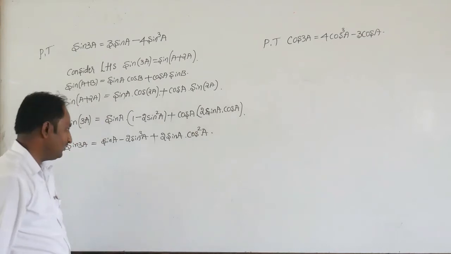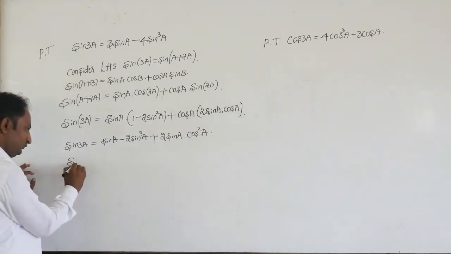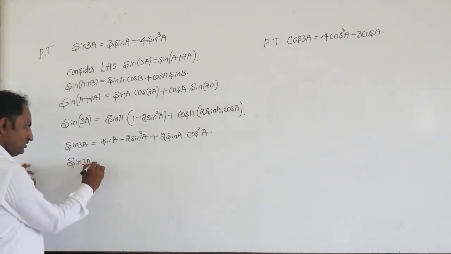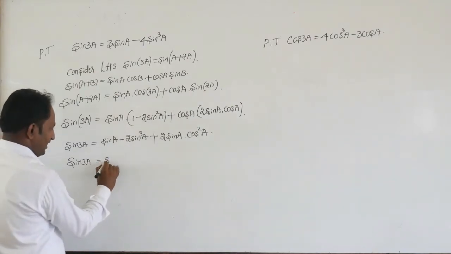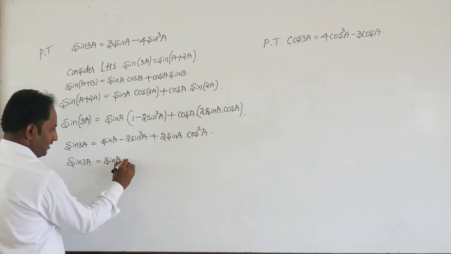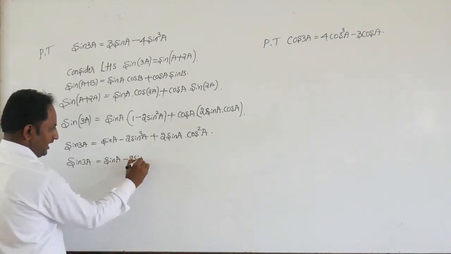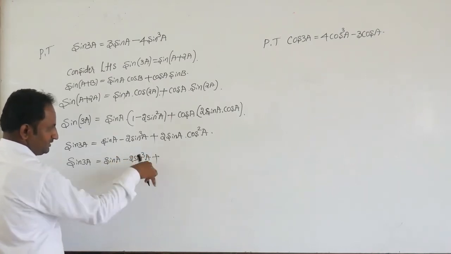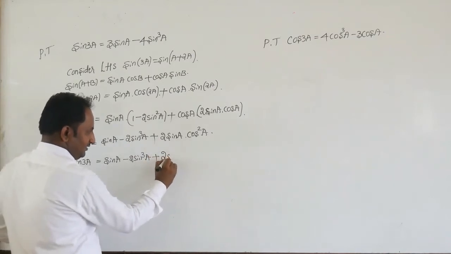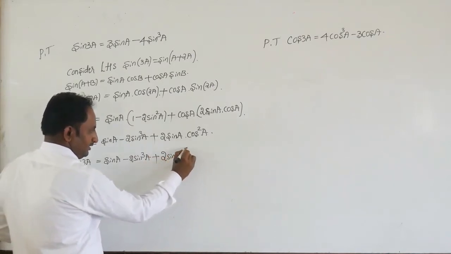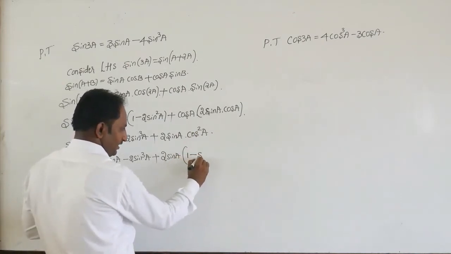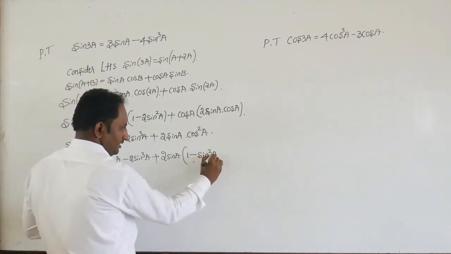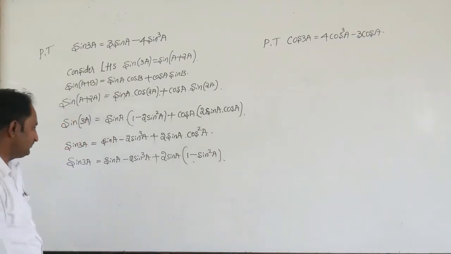Sin of 3a is equal to sin a minus 2 sin cube a plus 2 sin a cos square a. Here cos square a changes as 1 minus sin square a.